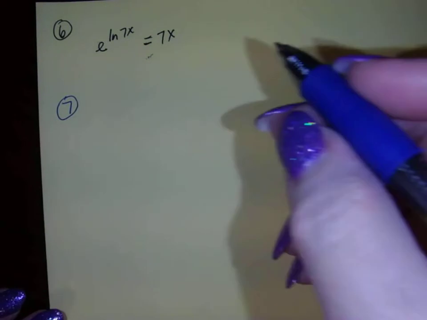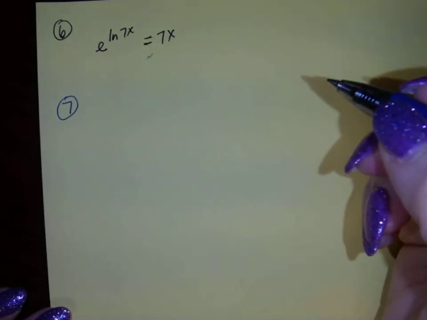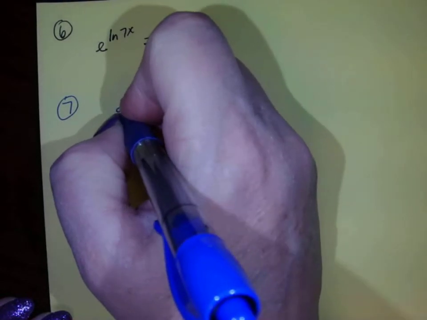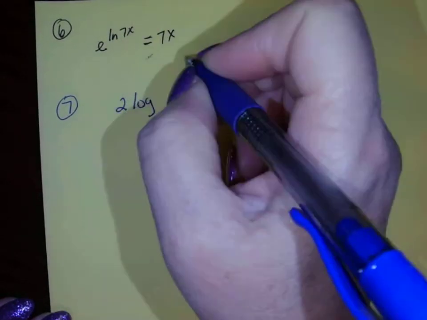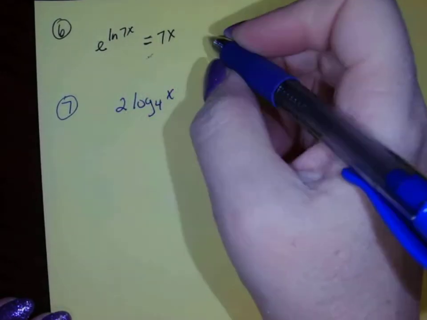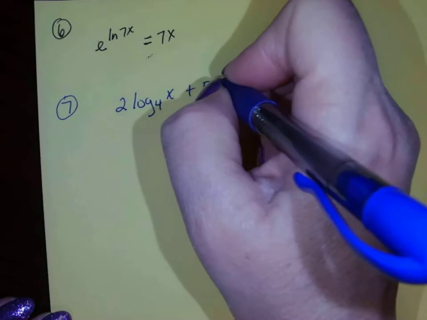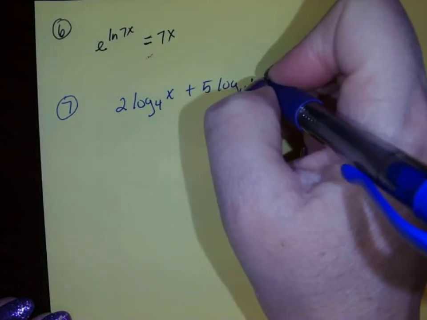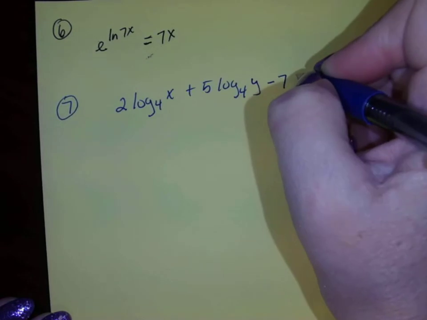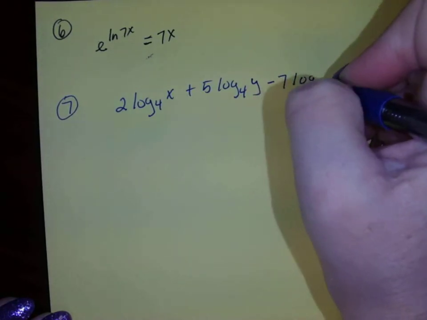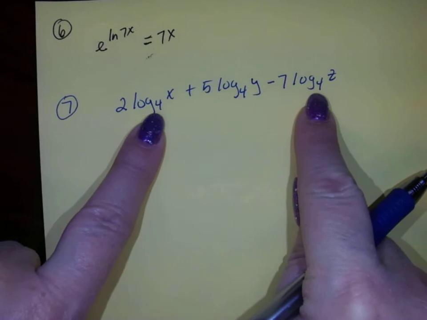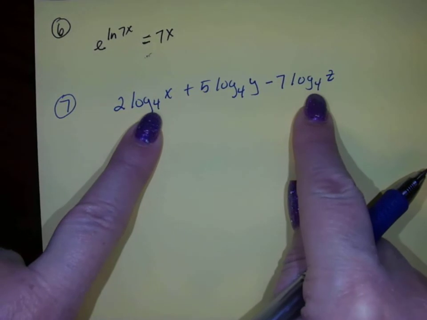All right, number 7. We're going to use the properties of logs to simplify the logarithmic expression. So we have 2 log base 4 of x plus 5 log base 4 of y minus 7 log base 4 of z. So the first thing I notice is they're all the same base, so that means I can combine them together.